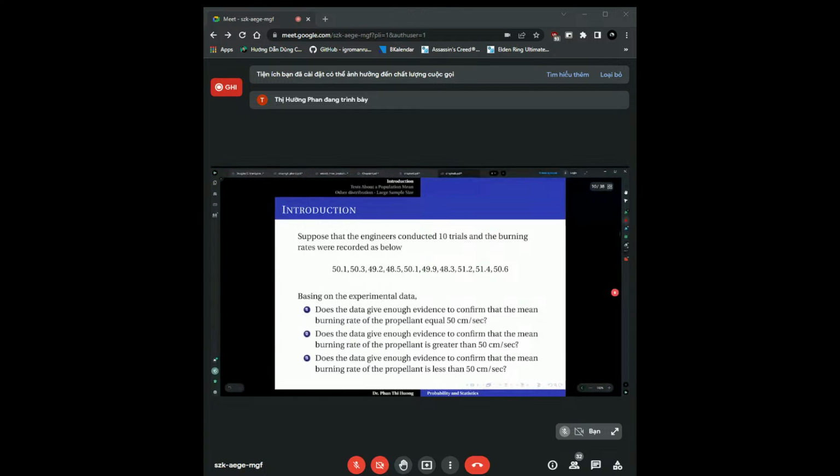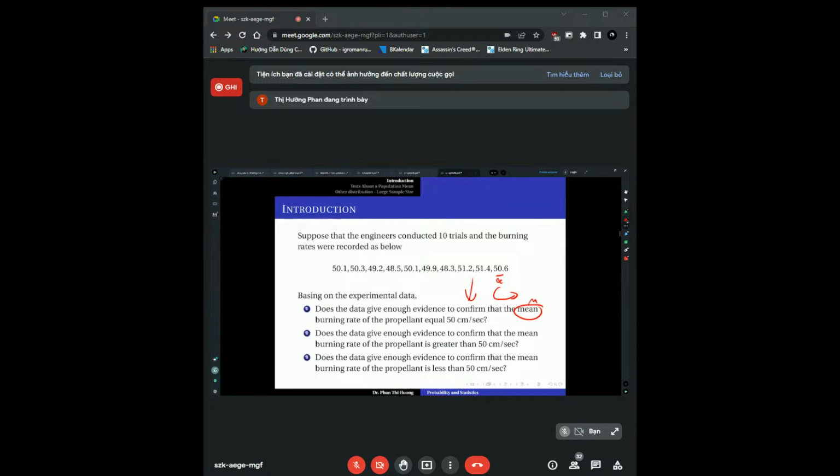Using the information given in the sample data, how could we know whether the mean burning rate equals 50 centimeters or not? To answer this, of course, we will use information from x bar, because x bar is one estimate of the mean. But how do we use the information of x bar to answer the question about the population mean? This technique is called hypothesis testing, and we are going to learn it in this chapter.